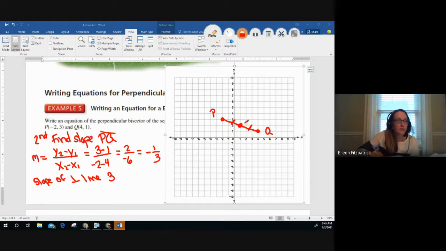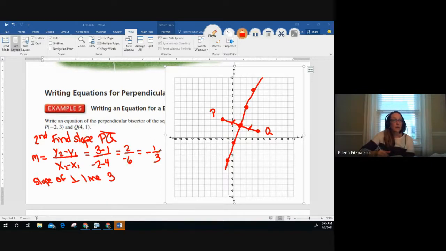All right, so if my slope is a positive 3, that means I'm going to go up 3 over 1, up 3 over 1, and so forth, or down 3 to the left 1. Okay, so did I count that right? 1, 2, 3. Yep. Okay, so here is my line for the perpendicular bisector.